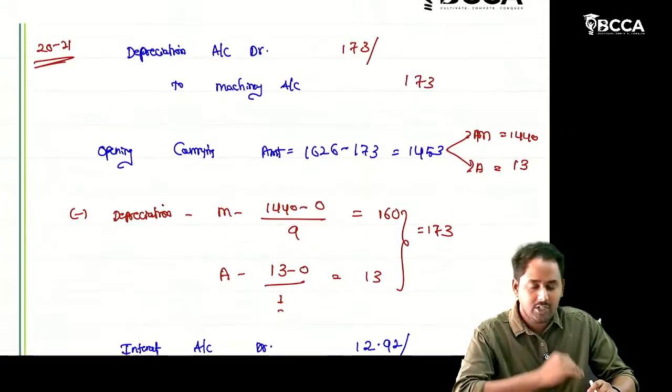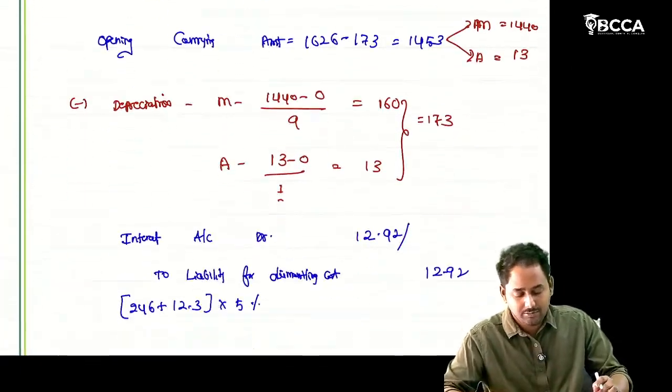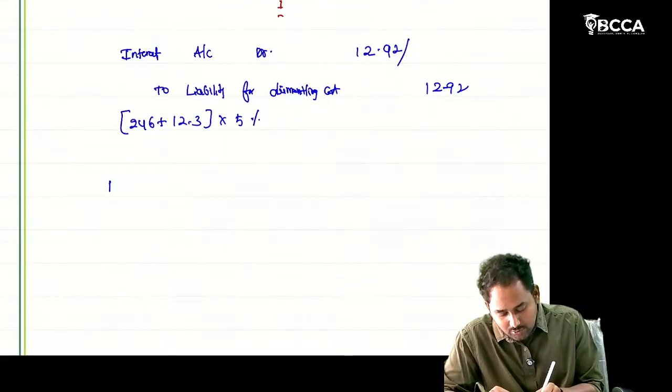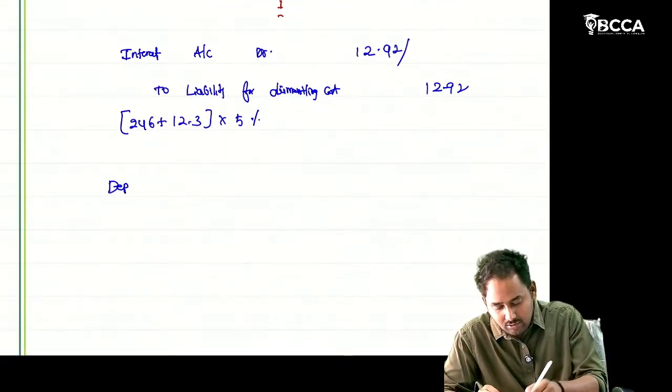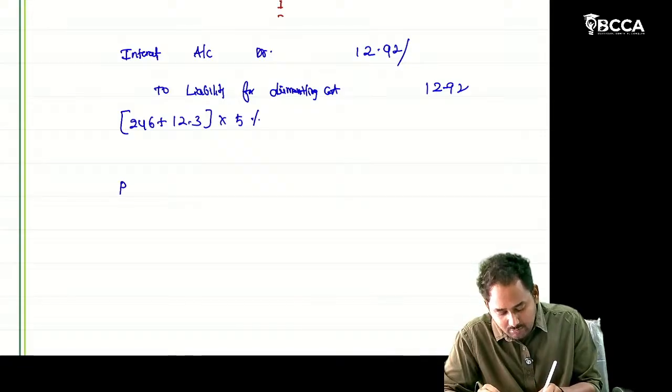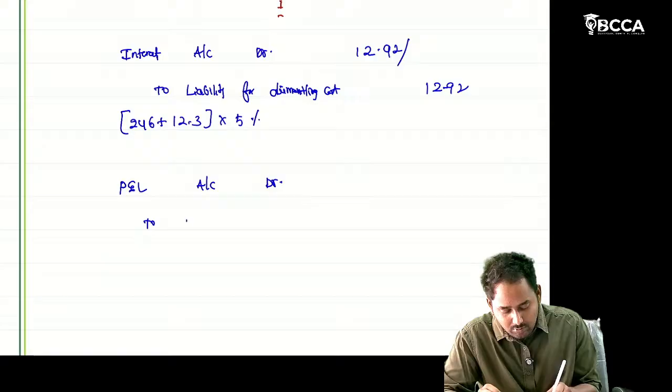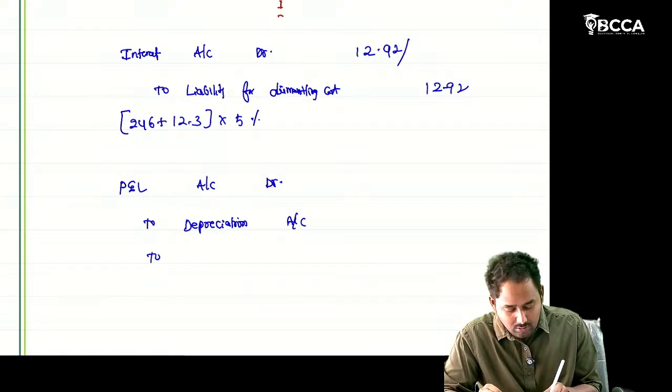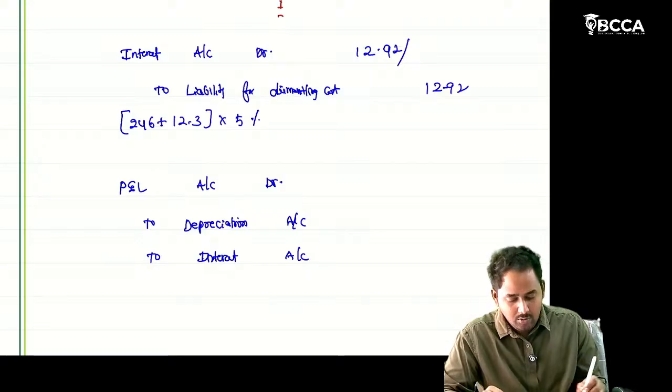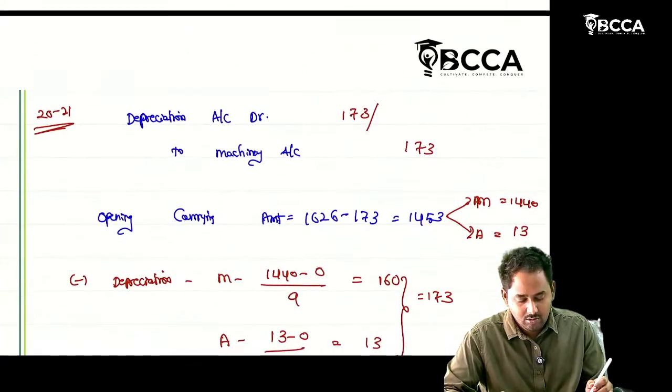Now I should transfer these expenses to the P&L. P&L account debit to depreciation account and interest account. What is the depreciation here? 173.